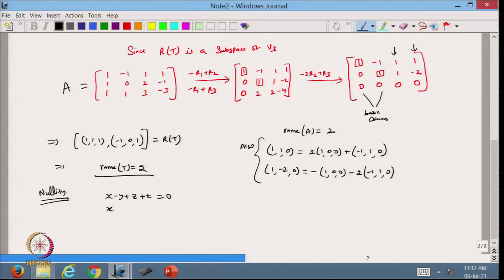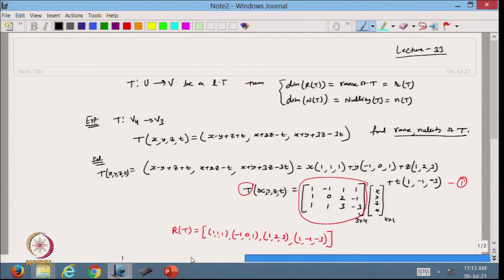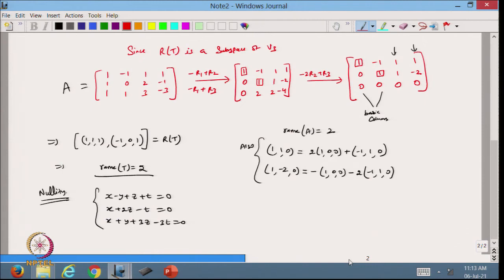Then x plus 2z minus t, that is equal to 0, and x plus y plus 3z minus 3t equal to 0. So, these are the three conditions. Basically, I am putting this element equal to 0, this and this one. Now, from here I have 4 variables and 3 equations, and I know that the rank is 2.